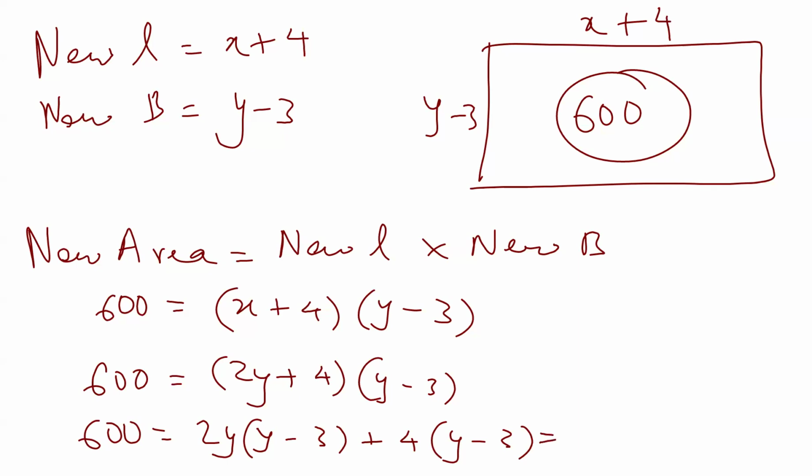Which is equal to 2y square minus 6y plus 4y minus 12.